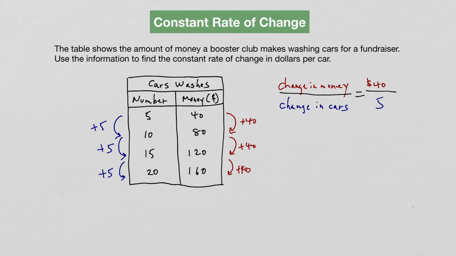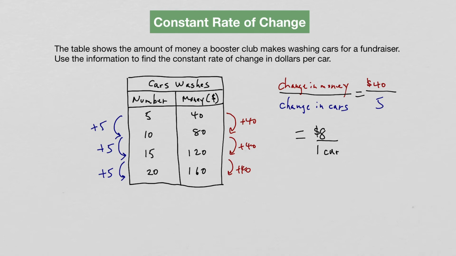Okay? And 40 divided by 5 is $8 per one car. Okay? So the unit change is $8 per car washed. So the number of dollars earned increases by $8 for every car.